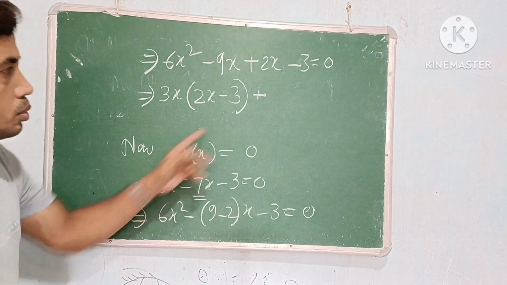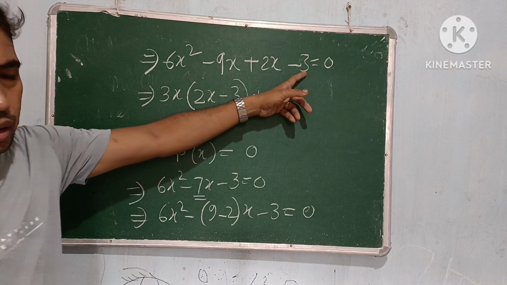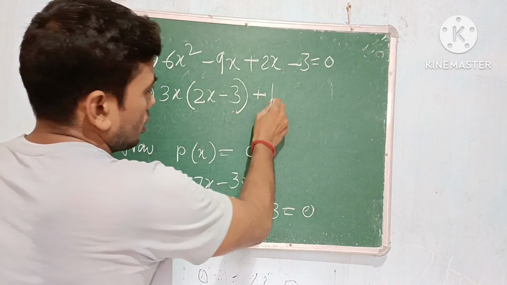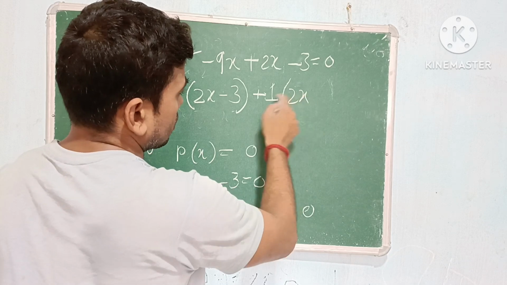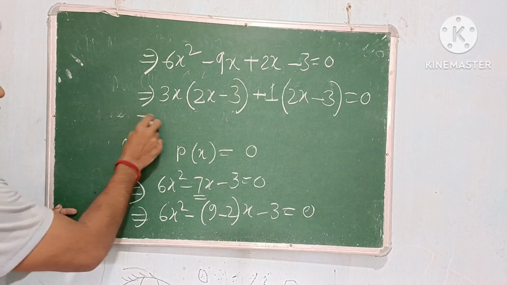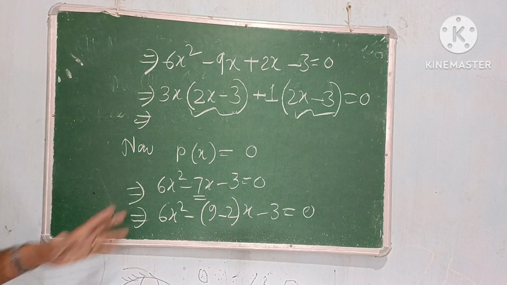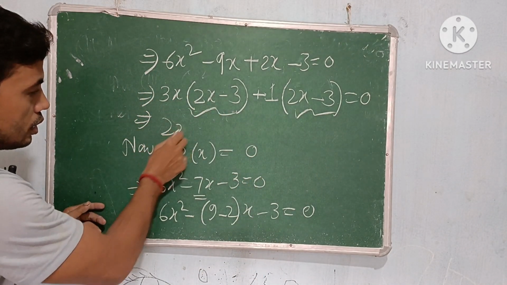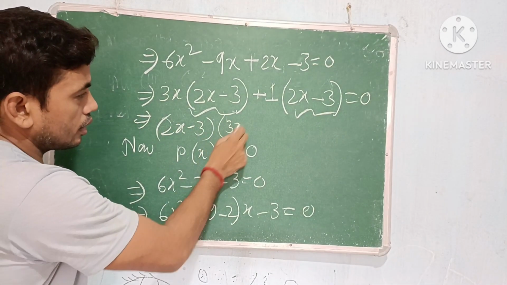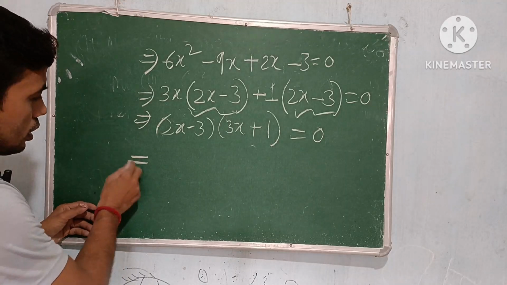And in the other terms, 2x is not present, so we take common 1: 1 into 2x, 1 into minus 3. Now 2x minus 3 is present in both, so we take common 2x minus 3. So here 3x and here 1 remains.